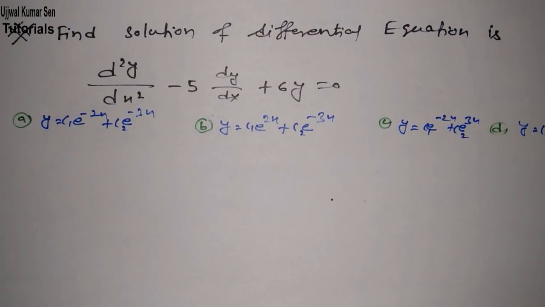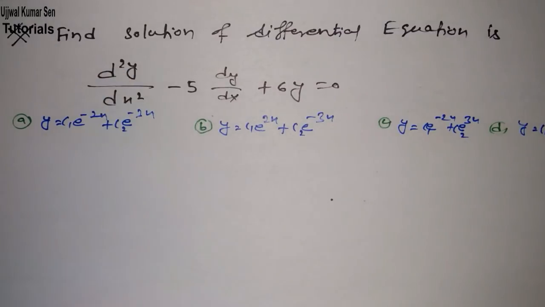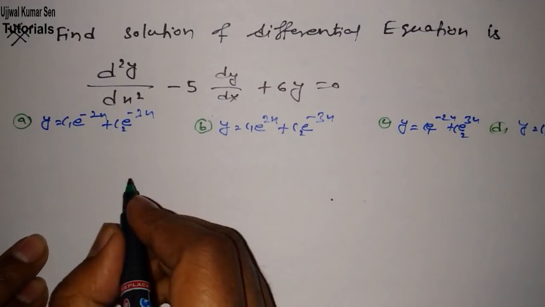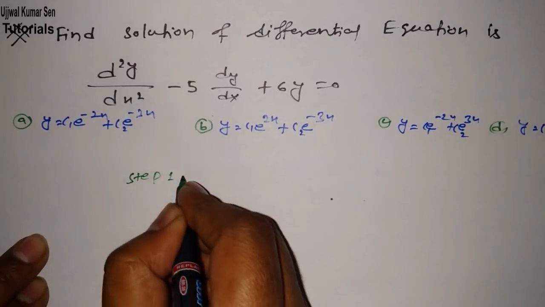In this question we are given a differential equation, and we have to find its solution. Whenever you see nth order, the order is more than one. Then the first step is to read the question.